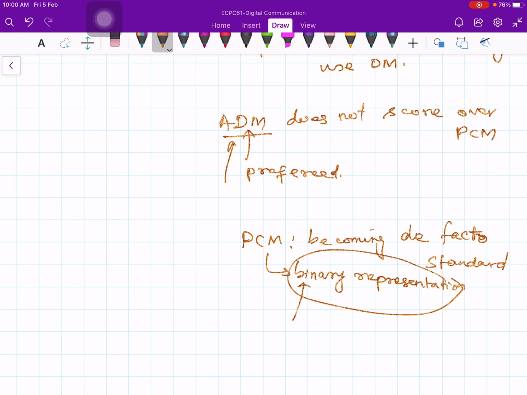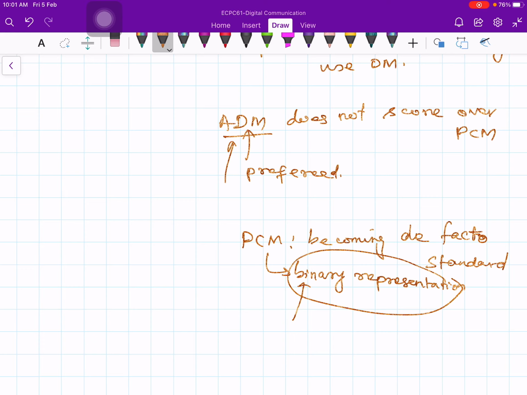Whereas in PCM, there is a direct correlation between the sampled values in a word and the binary pattern being transmitted. Therefore, if you want to do arithmetic operations or digital signal processing along the way, you can do it much more easily using the PCM format than a delta modulator format.